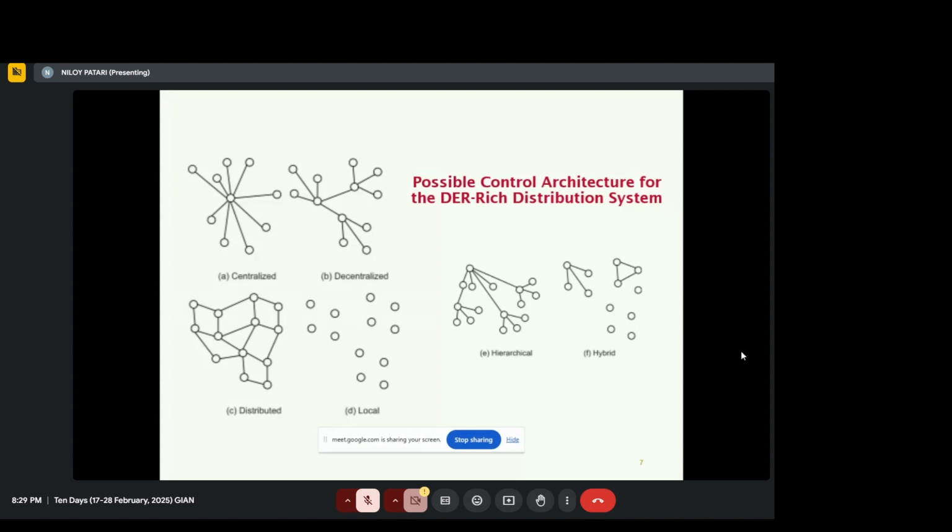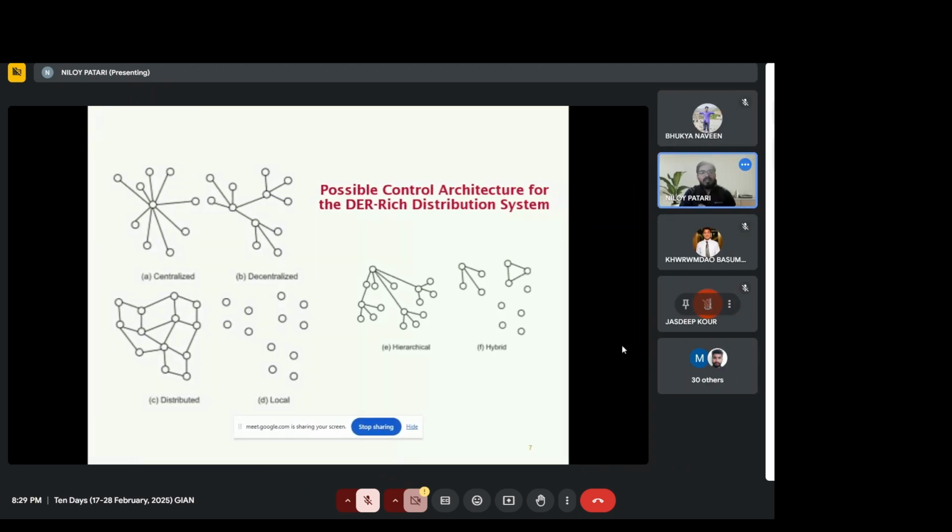Decentralized means that you have this architecture where it's a cluster based architecture. Suppose you have this 13 bus system, right? And in the 13 bus system, you divide it into three agents. One agent will have 3 nodes, another agent will have 5 nodes, and the other agent will have 4 nodes within them, right?